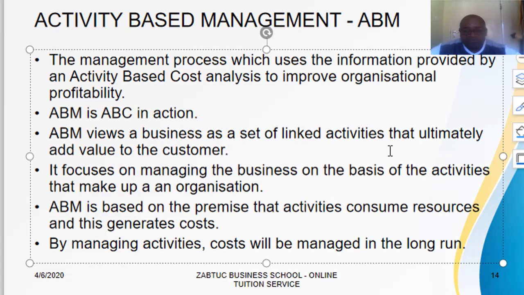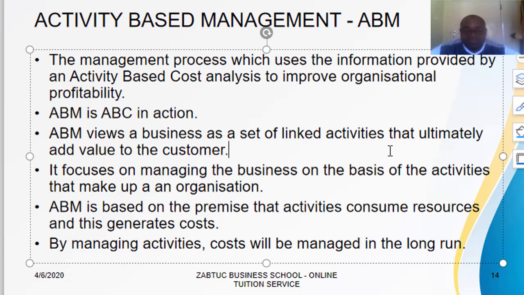And these activities are what add value to the customer, what the customers pay for. So in ABM, we focus on managing the business on the basis of activity. So the focus is, what are the activities? And we hope that by managing these activities, we can improve the profitability of your business.